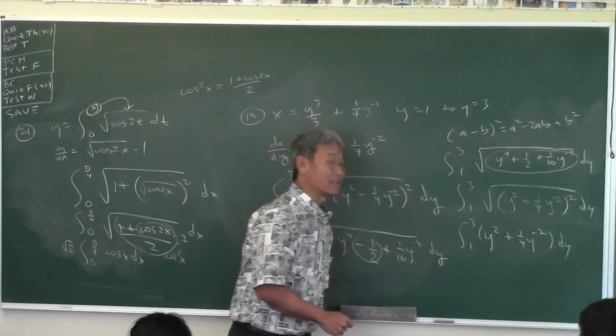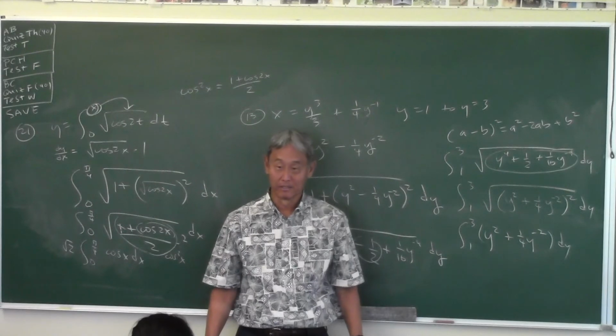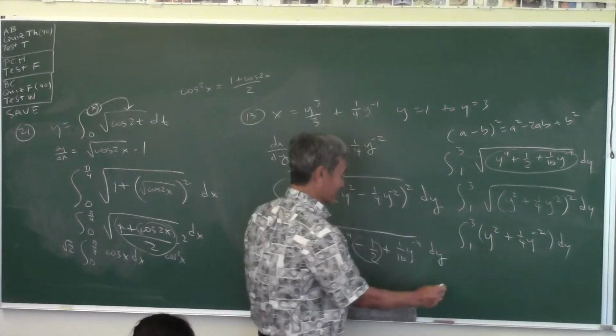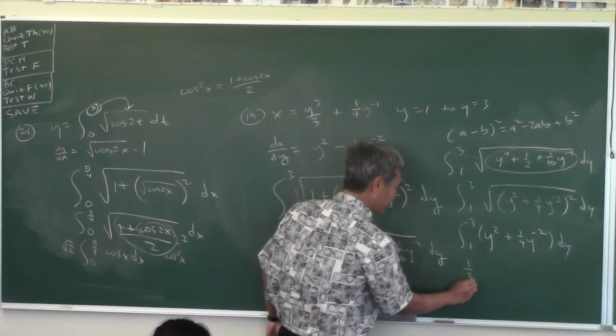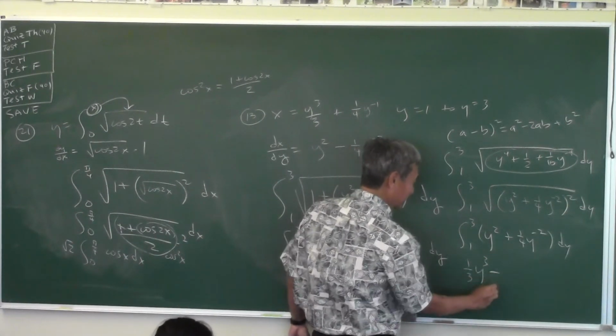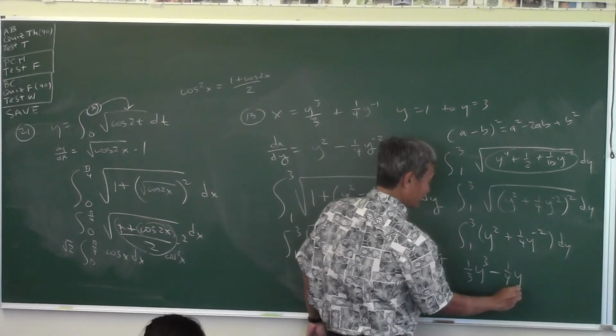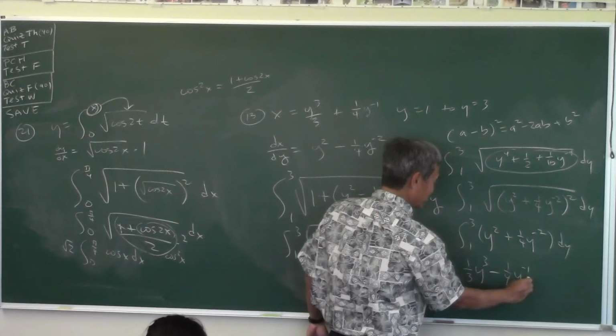What is the antiderivative of this? 1/3 y cubed minus 1/4 y to the negative 1.